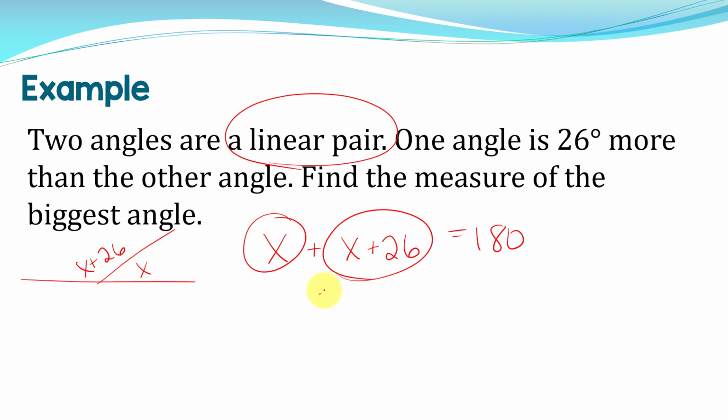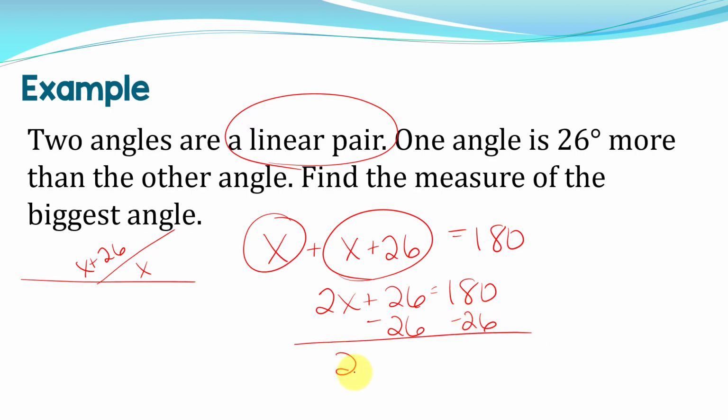Okay, combine like terms. So you see the algebra here in geometry is pretty repetitive. You kind of do the same things over and over again with your algebra. All right, what's half of 154? Find the measure of the biggest angle.